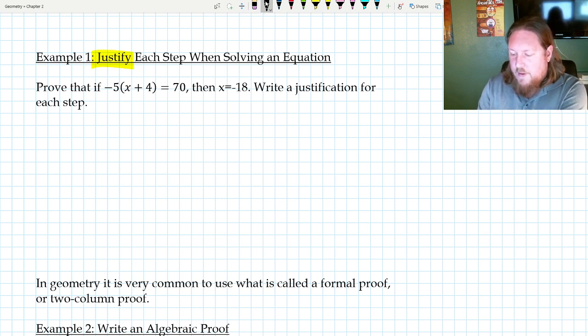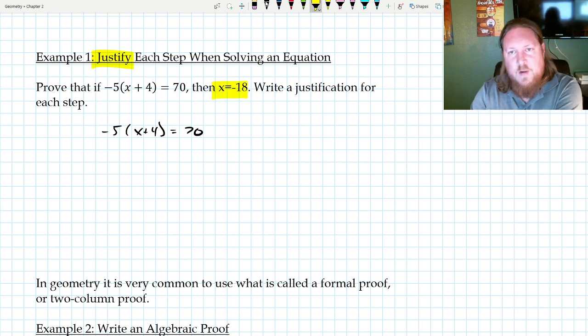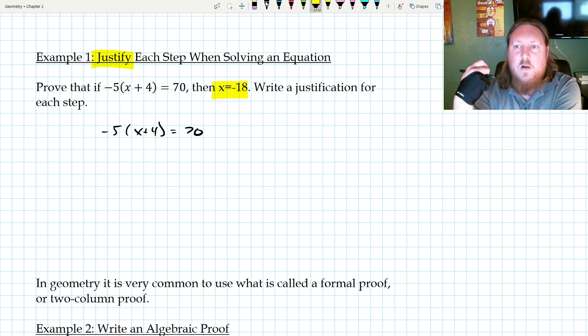So prove that if negative 5 times the quantity x plus 4 equals 70, then x equals negative 18. Just like we were starting to practice with our proofs in the last section, they're going to give you their claim, that's our equation, and they're going to tell you the conclusion that you should reach, x equals negative 18.